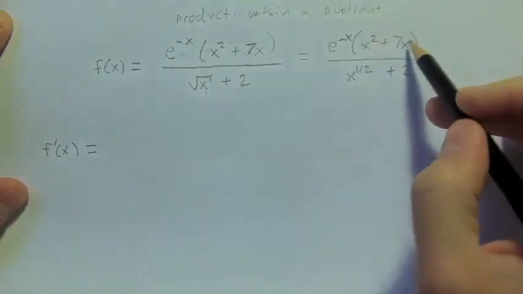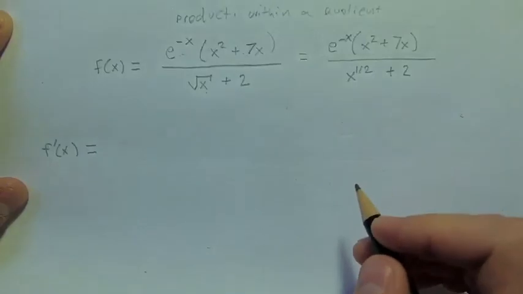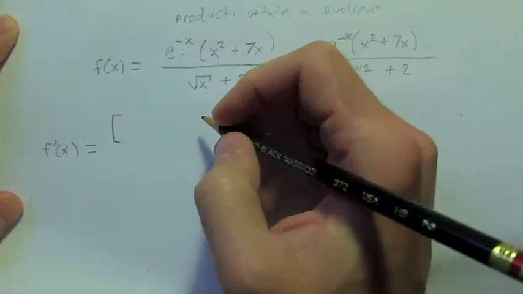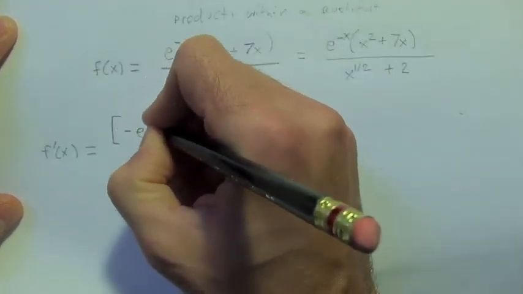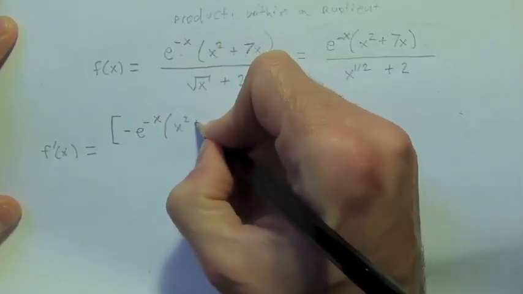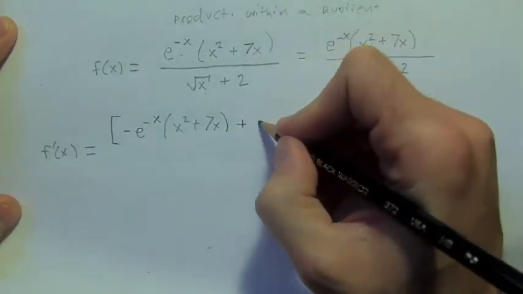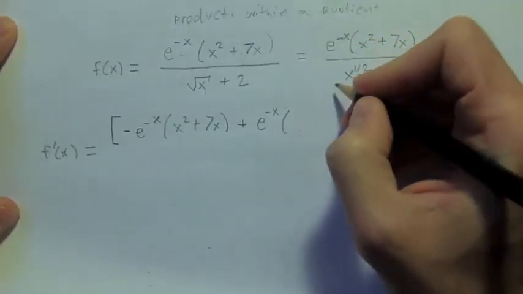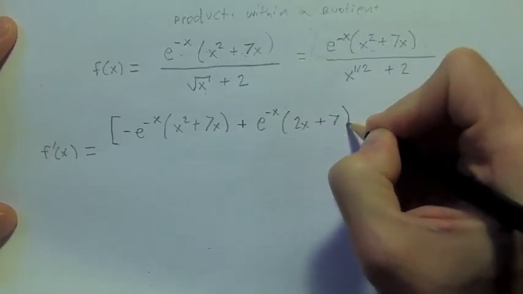It's going to be the derivative of the top, and that is going to be a product rule. So in brackets here, it's going to be the derivative of the first, negative e to the negative x, times the second left alone, plus the first left alone, e to the negative x, times the derivative of the second, which would be 2x plus 7.